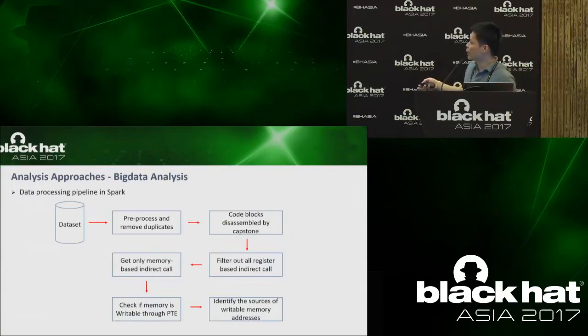This is the key point, the most important part of our study. Once we got that, we had to go back to the program to pinpoint which memory-based function in which library has a writable function pointer on a memory-based indirect call.